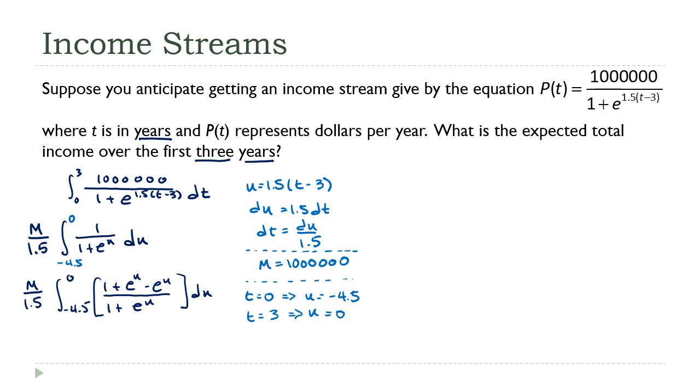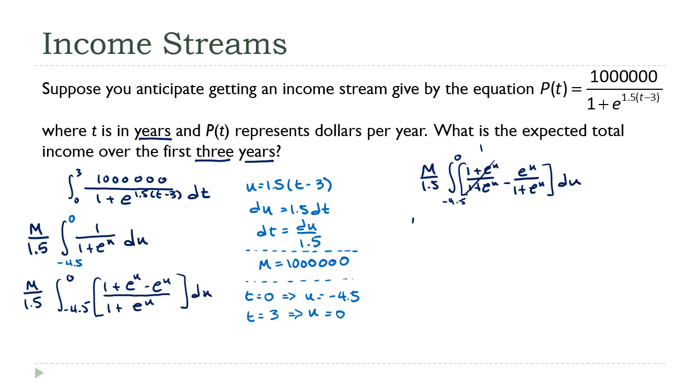So now I'm going to split this into two fractions. This is going to become m over 1.5 integral of 1 plus e to the u over 1 plus e to the u minus e to the u over 1 plus e to the u du. And this is still from negative 4.5 to 0. Okay, this part is just 1.